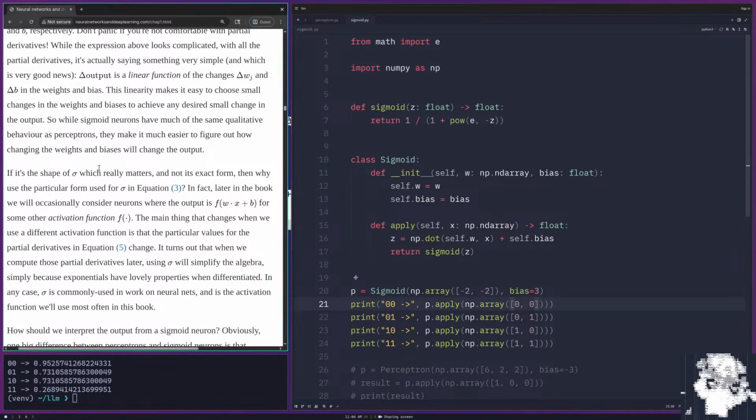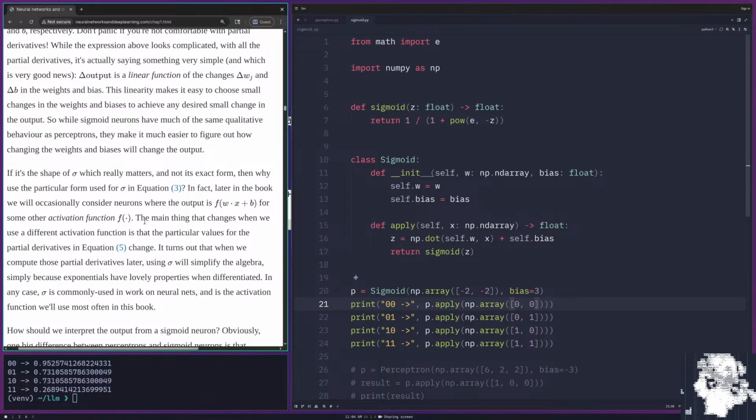If it's the shape of sigmoid which really matters and not its exact form, then why use the particular form used for sigmoid in equation 3? In fact, later in the book, we will occasionally consider neurons where the output is f of w dot x plus b for some other activation function f.